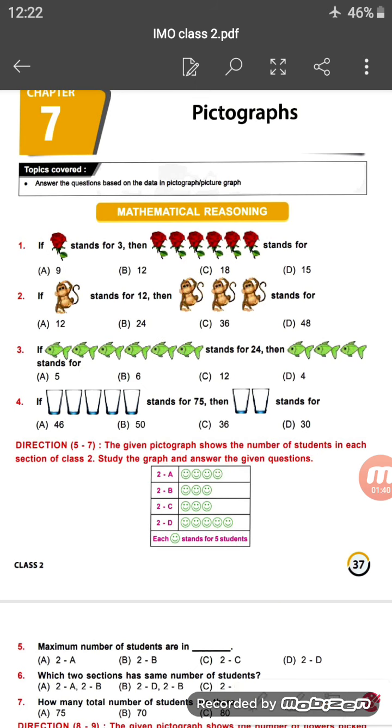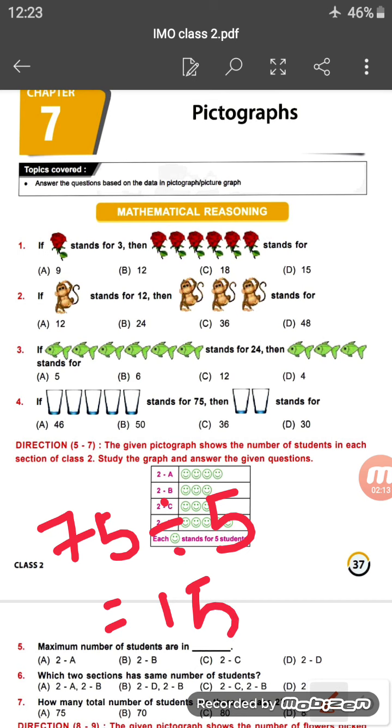Number C. Next, if 5 stands for 75, then 2 stands for what? 5 stands for 75 means each stands for 75 divided by 5, so each is 15.